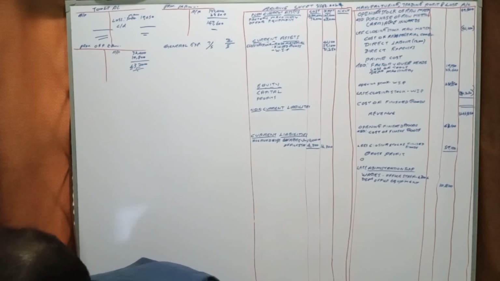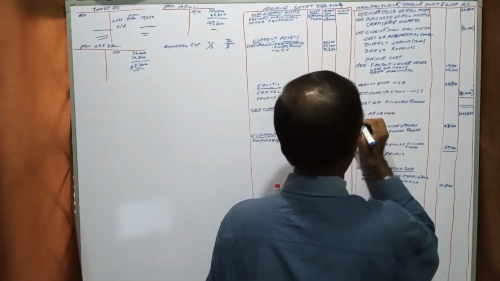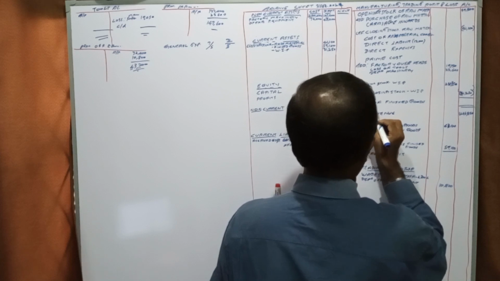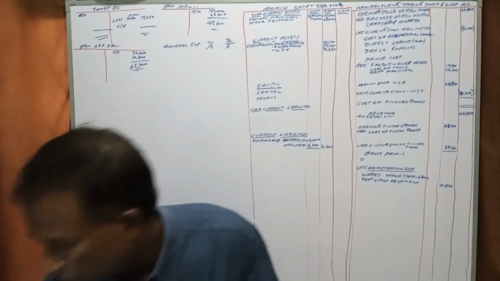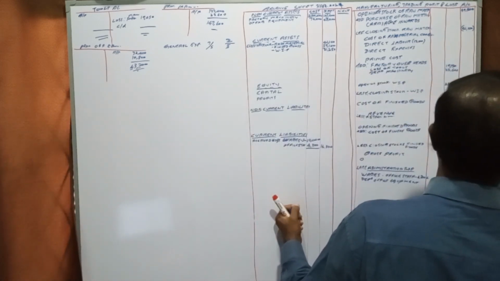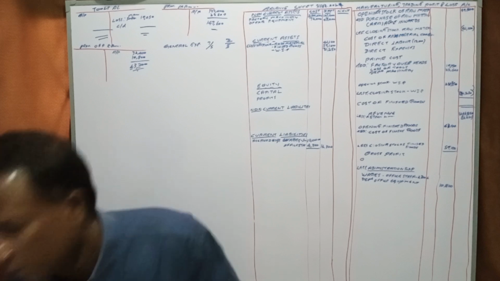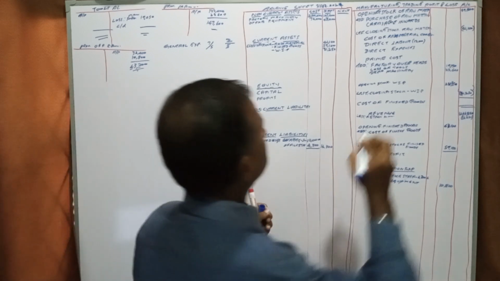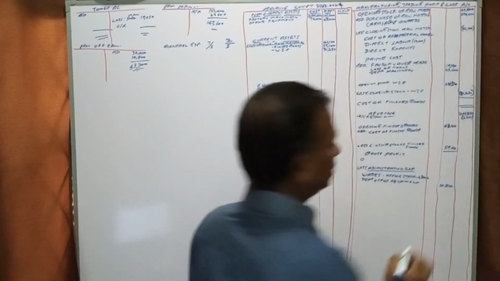And return inwards, less 12,250. And purchases of raw materials, 394,600.